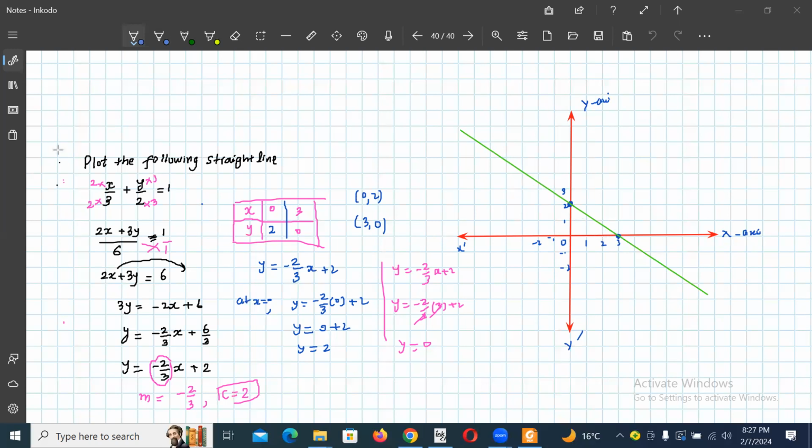Because our gradient is negative. So wherever your gradient is negative, the line always goes from left to right down. And look, this line passes through point 2. So as I mentioned at the start, our y-intercept, point C, is 2 here, if you check carefully. And the gradient is negative, so the line goes down from left to right. I hope it is clear.